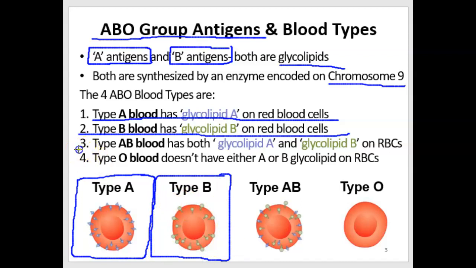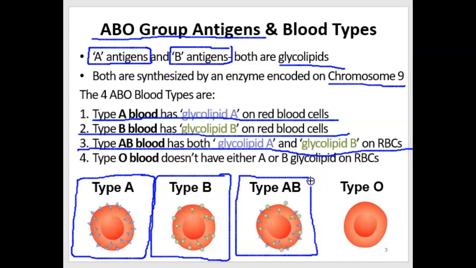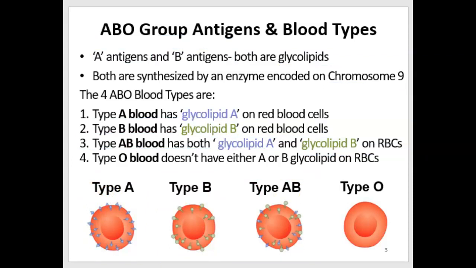Now you might have heard of type AB blood. These erythrocytes have both A antigens and B antigens. And I know you've heard of type O blood, if nothing else from the first slide I showed. Type O blood doesn't have either. Not that it doesn't have any antigens, but it doesn't have either of these ABO antigens. So no A and no B.